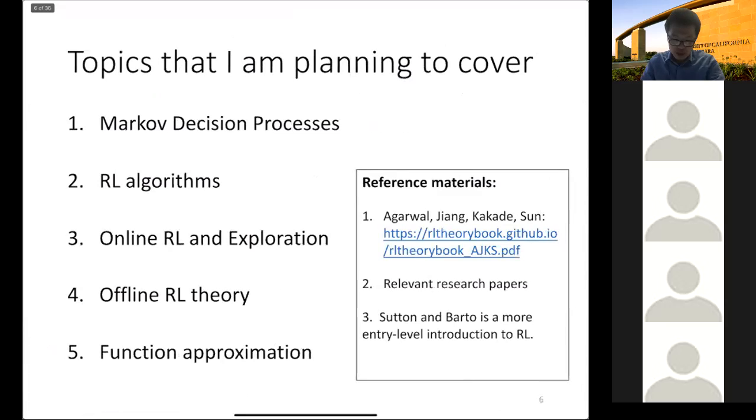Okay, so I'm going to be covering the model of reinforcement learning, the mathematical model under which reinforcement learning algorithms are being studied, called Markov decision processes, and then I'll talk about reinforcement learning algorithms, including some of their design principles and the intuition behind them. The big part of the remainder of the class will be focused on the theoretical analysis of two families of RL settings.